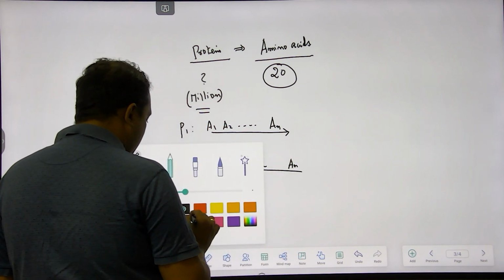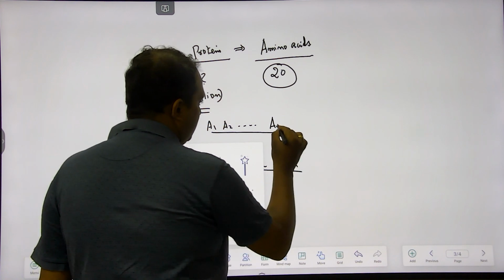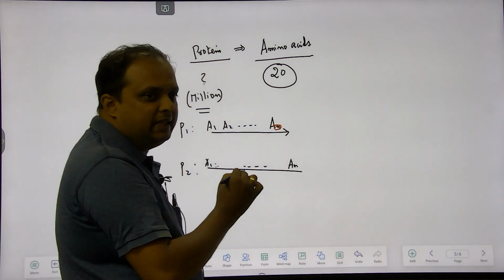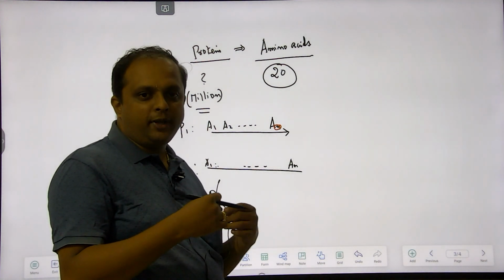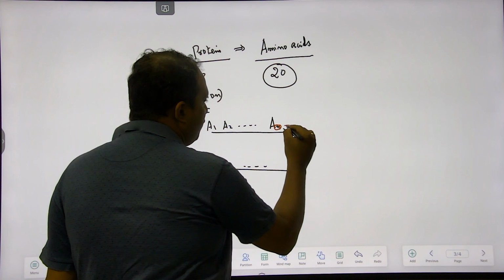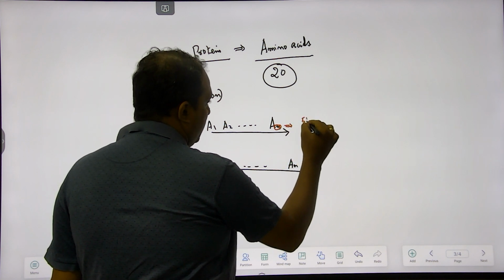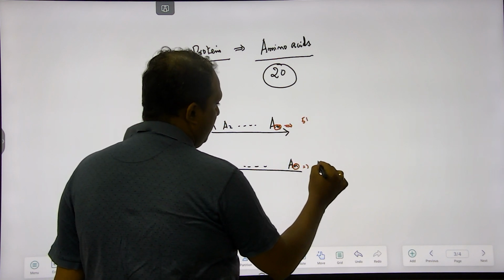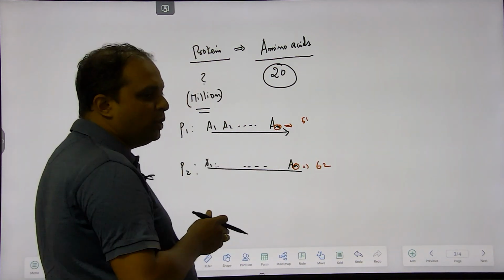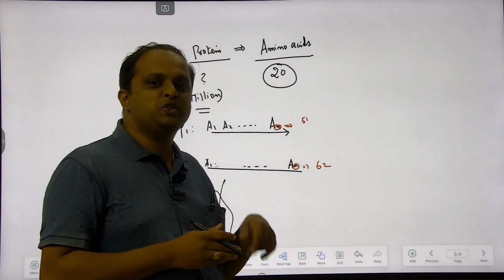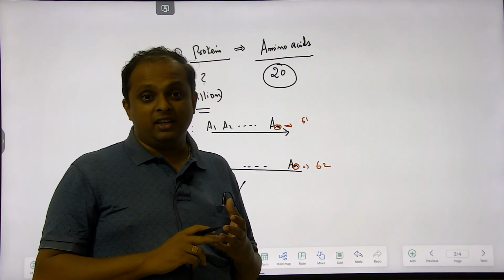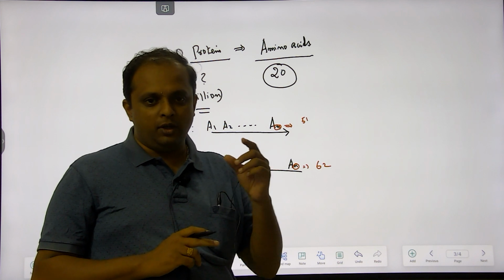Friends, this is what is called a peptide chain, because the amino acids are getting linked through a peptide bond. So this n value, say if it is 51 here, say it's going to be 62 there. This indicates the length of the protein or the length of the peptide chain, which varies from protein to protein. So this is one significant difference that you see between P1 and P2, right?